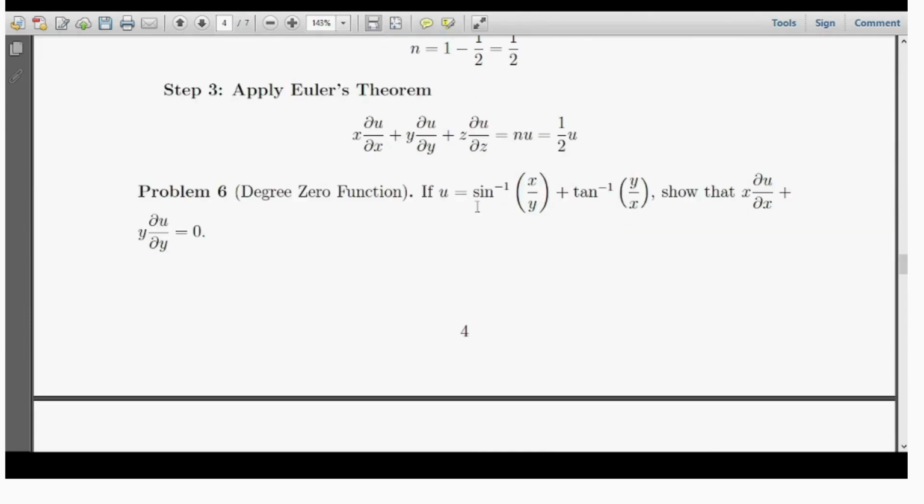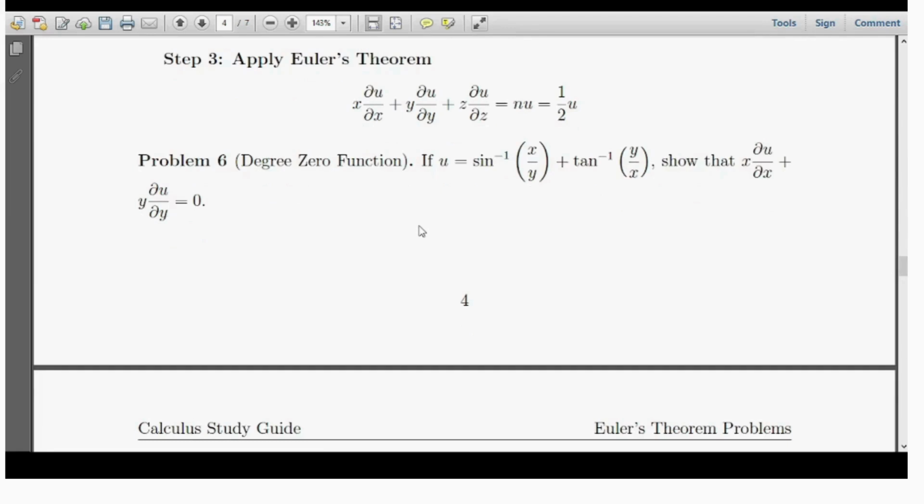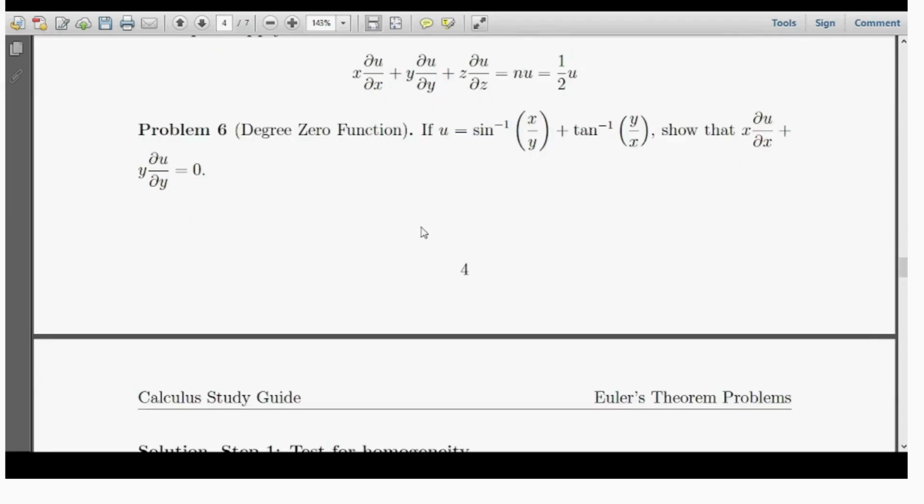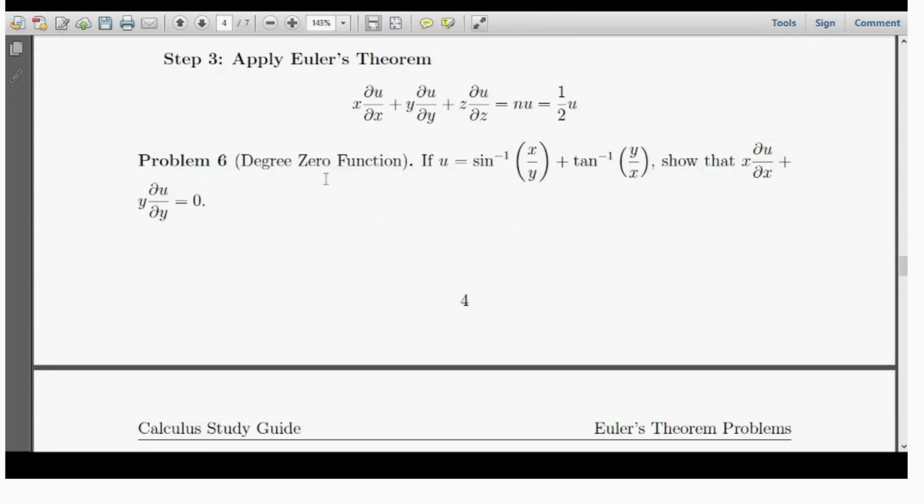Here is a degree 0 function. If u equal to sin inverse of x by y plus tan inverse of y by x, or any function involving inverse trigonometric functions, then we will show that x dou u by dou x plus y dou u by dou y equal to 0. To find the degree, we replace x with tx and y with ty. In tx by ty the t's cancel, and the same function is obtained.